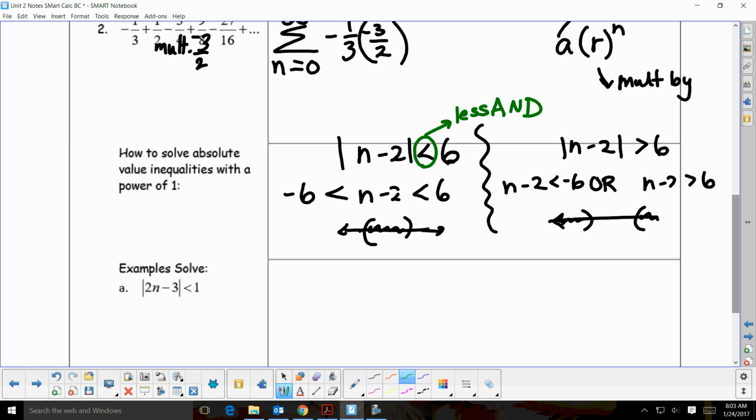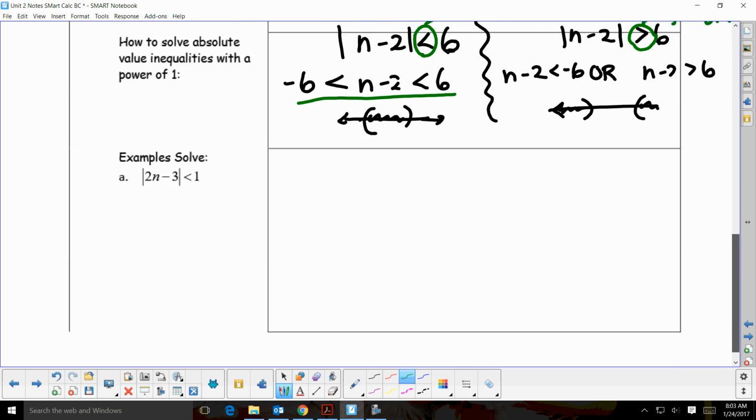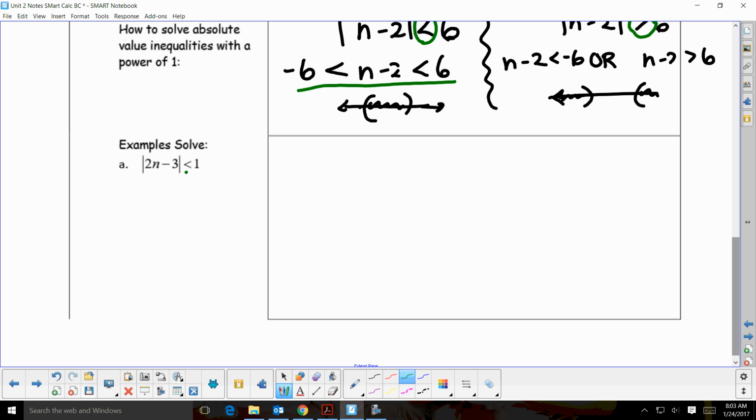So ands you write as one, like a 3-part inequality, just 1 to combine. This right here is a great or, and ors go out. And that's what I do when I teach algebra. That's how I remember. Okay, so this one right here is a less and. So it's just like one big compound inequality.